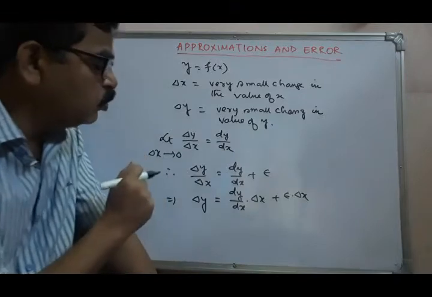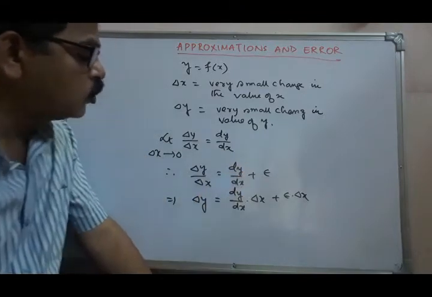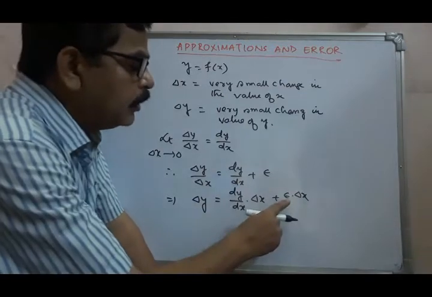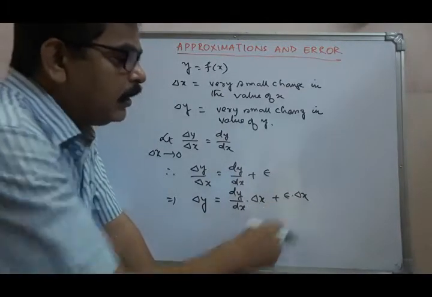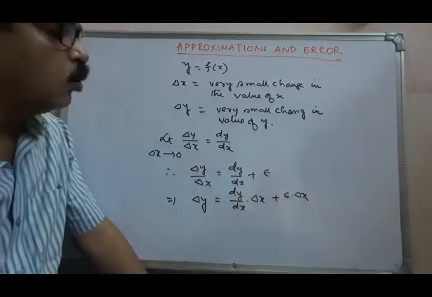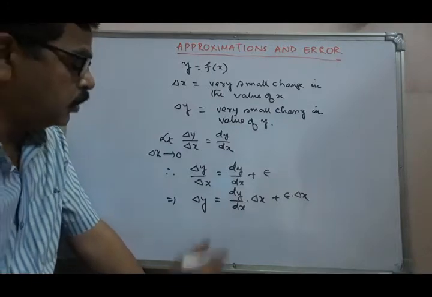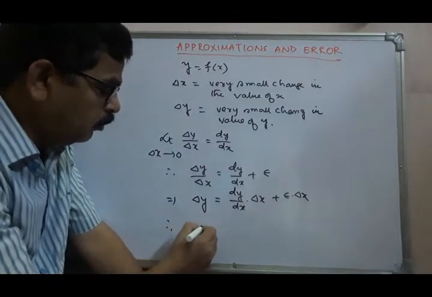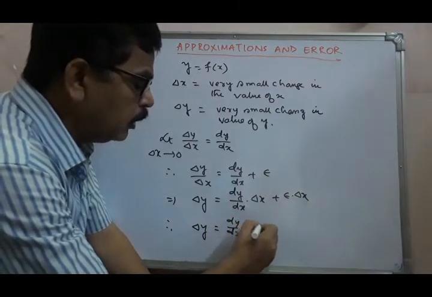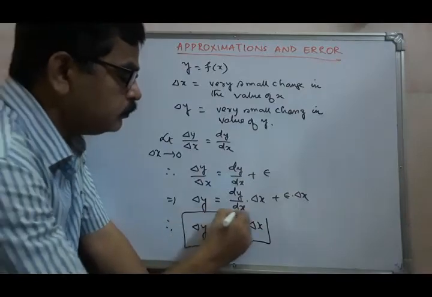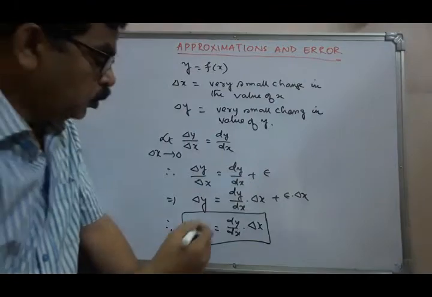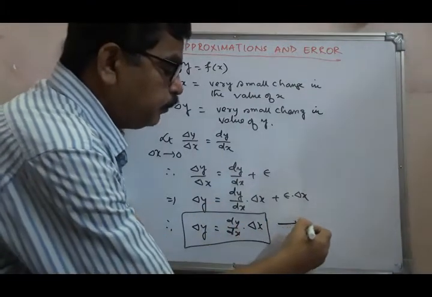When delta x tends to 0, epsilon also tends to 0. So in this relation epsilon is a very small quantity and delta x is also a very small quantity. As a result the product is a very small quantity, so we may neglect it. Therefore delta y equals dy by dx into delta x. We are marking this as formula number 1.